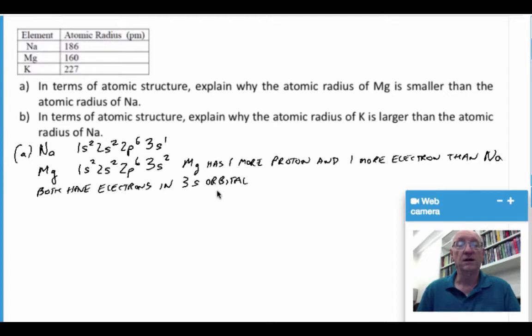So now, since we have one more proton, magnesium has the higher effective nuclear charge.